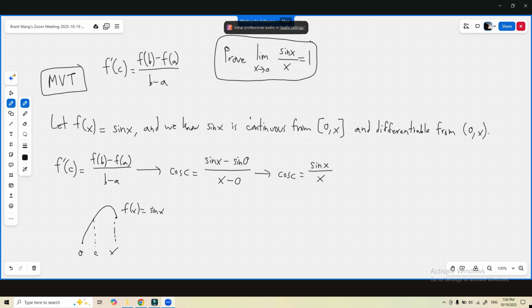What if we made c as close to 0 as possible? What would happen? Well, the limit as c goes to 0 of cos c would equal the limit as x goes to 0 of sine x over x, which is just equal to 1.